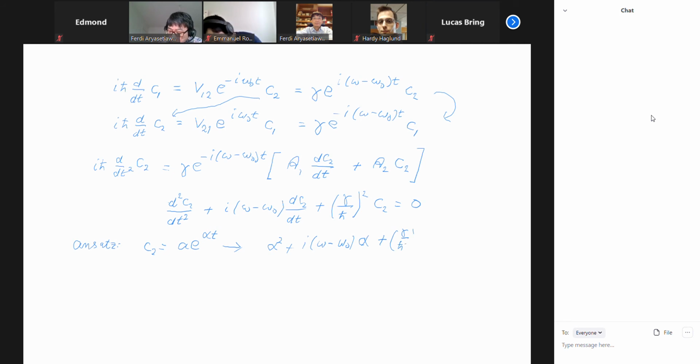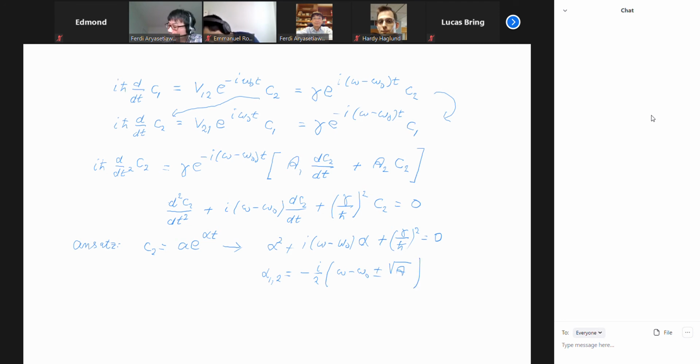Each bar squared equal to 0, which of course gives you the solution. So then the solution becomes alpha 1, 2, let's say, is equal to minus 1/2 (omega minus omega 0) plus or minus the square root of, I call it A, nothing in the notes.